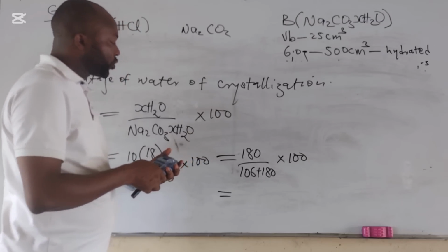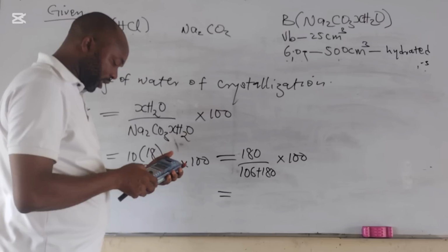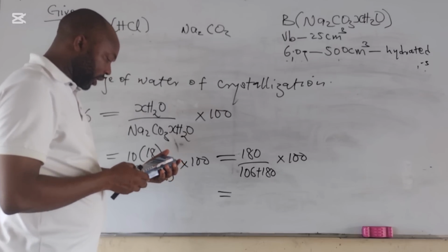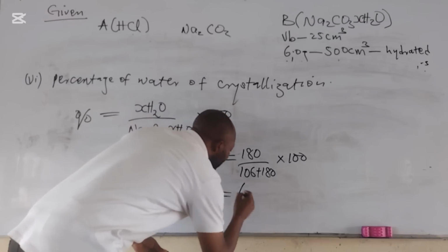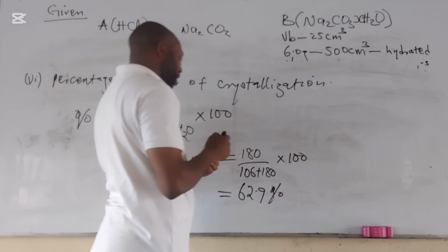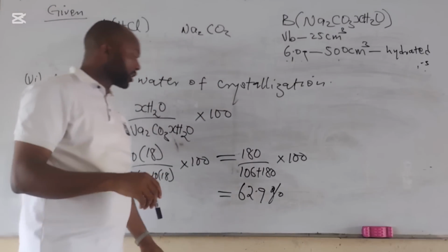So 180 over 286 times 100 is 62.9%. So the percentage of water of crystallization in the sample is 62.9%.